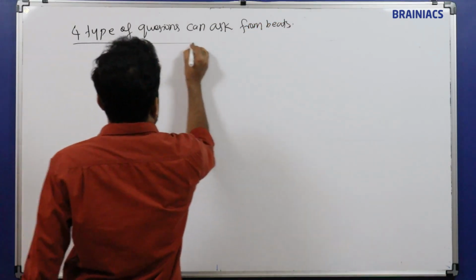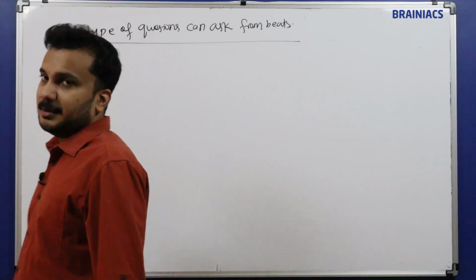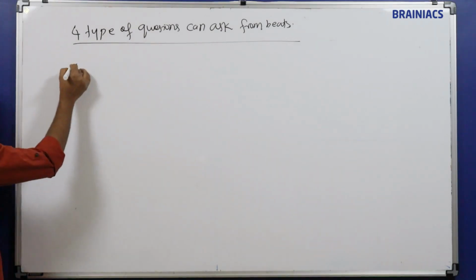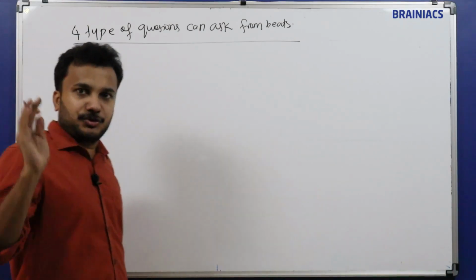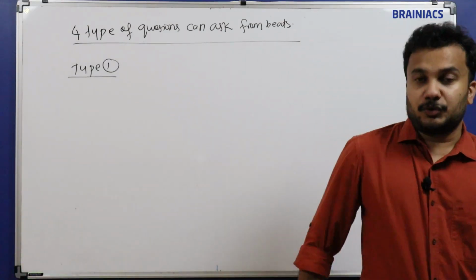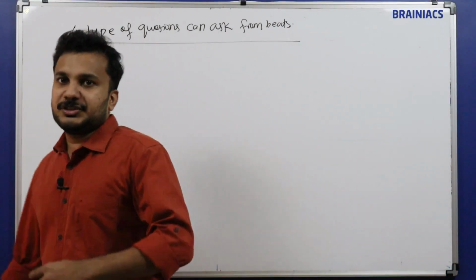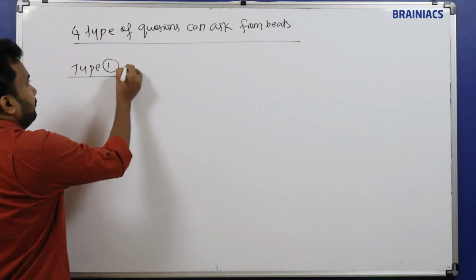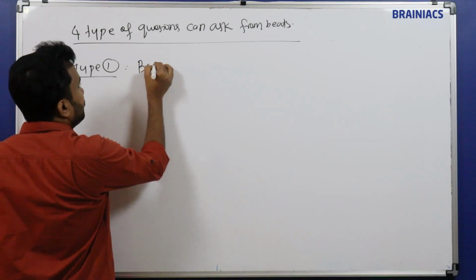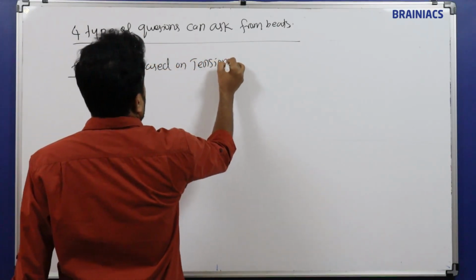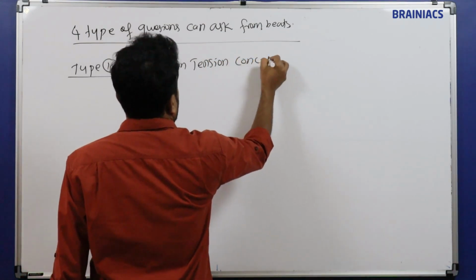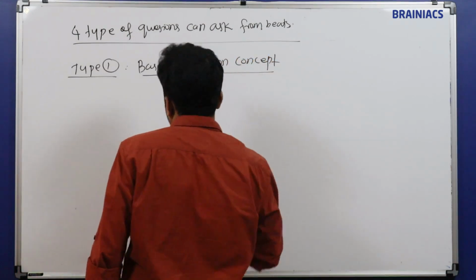We will see the 4 types. Type 1. What is type 1? We will start with a question directly. Question 1 in the type; 4 questions we will work out. Type 1 question is based on the tension concept.